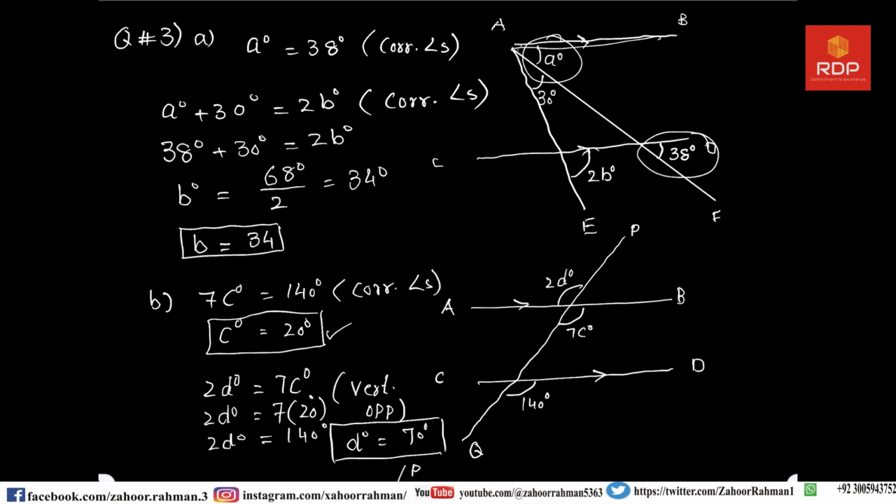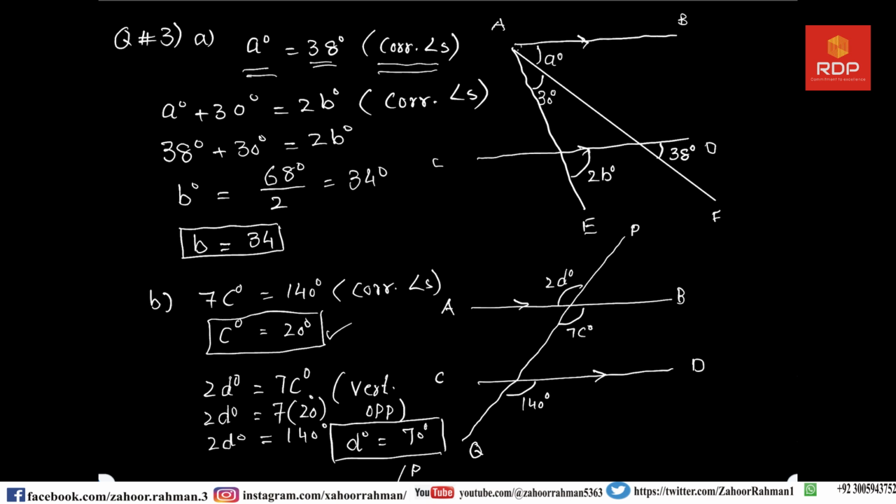So according to the corresponding angles theorem, we can find that A degree is equal to 38, and I label it as corresponding angles. That's it.